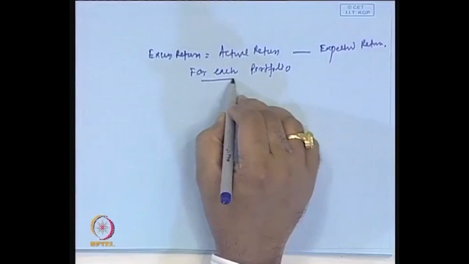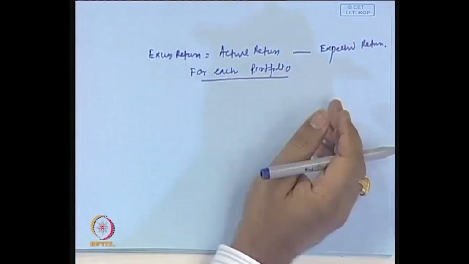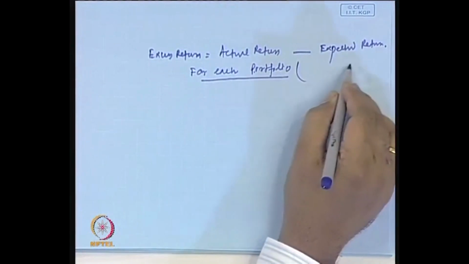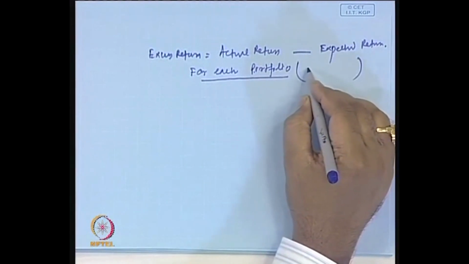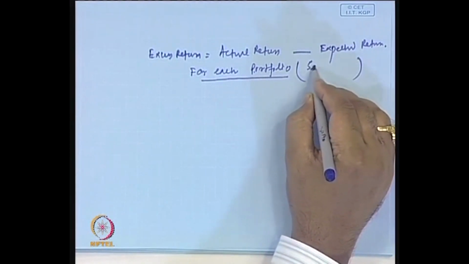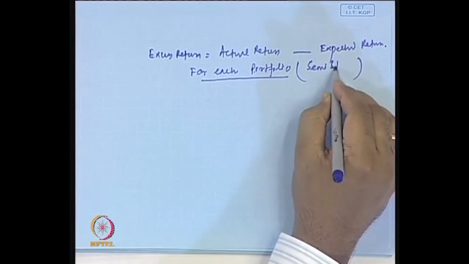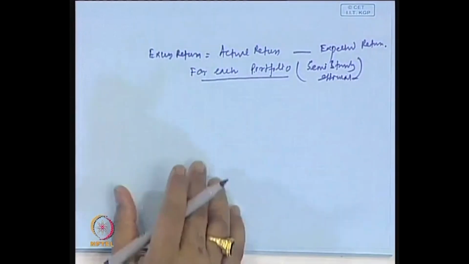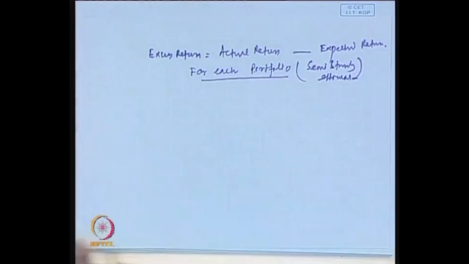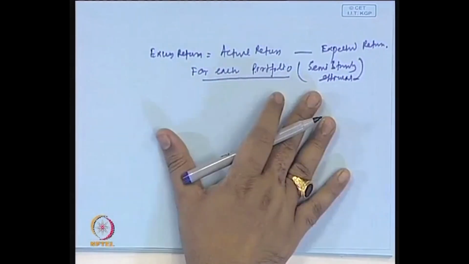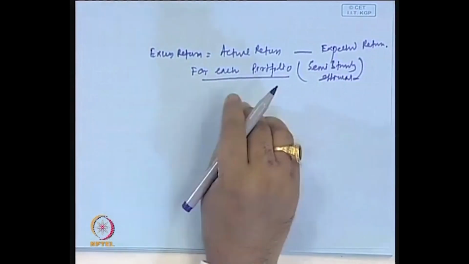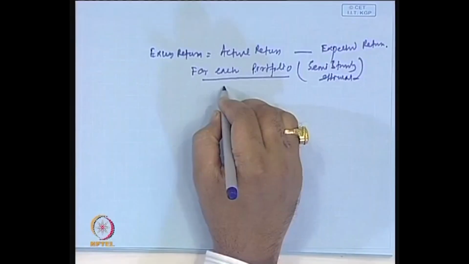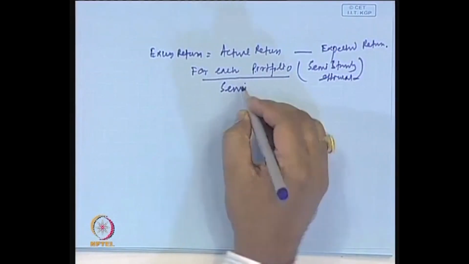If the excess return is different across the portfolios, then we cannot say that your market is semi strongly efficient. But if across these portfolios the excess returns are not different and we find more or less the same excess return, then you can say your market is semi strongly efficient.